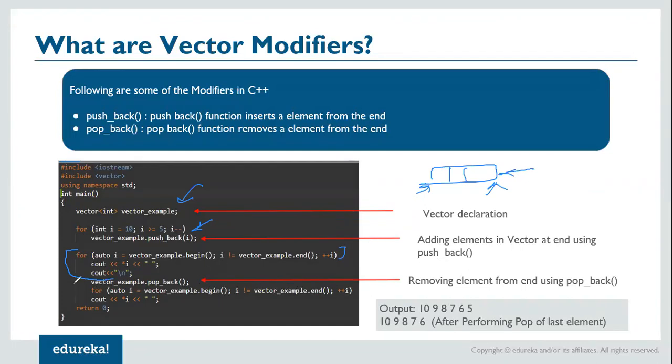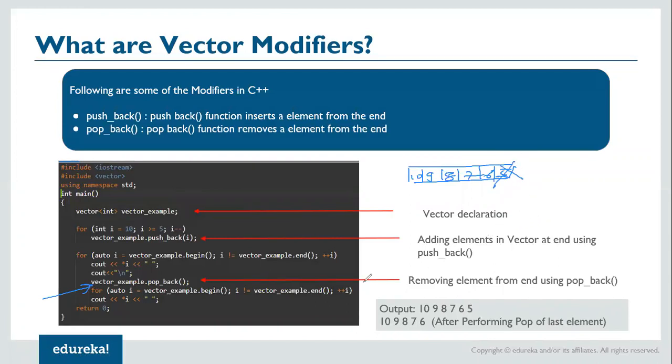Now after that, we made use of this method here. If you look carefully, we are trying to pop the element out of the vector. So if this was my vector, which had 10, 9, 8, 7, 6, 5, and I pop the elements, it will remove only this last element.